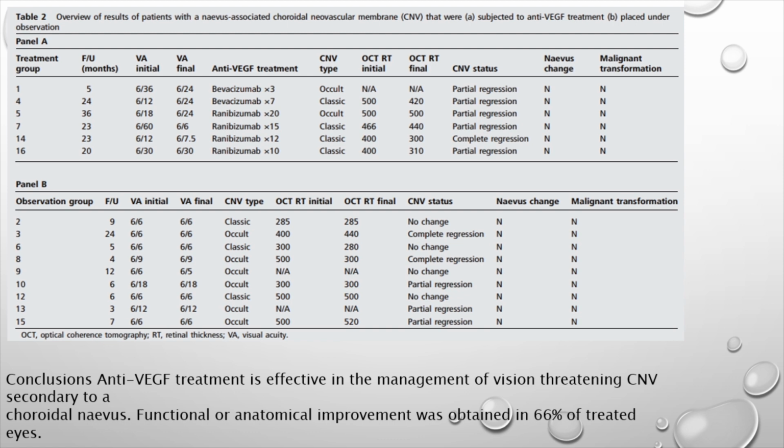When you compare the observational group, the vision remained stable throughout in all the patients. So they concluded that anti-VEGF is helpful in the effective management of vision-threatening CNV secondary to a choroidal nevus.